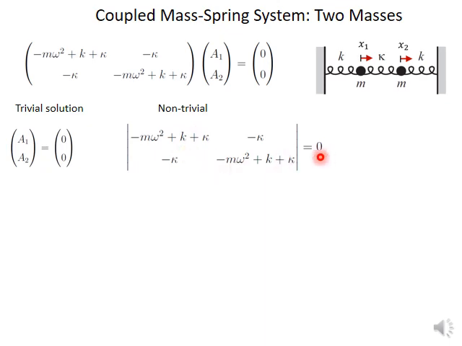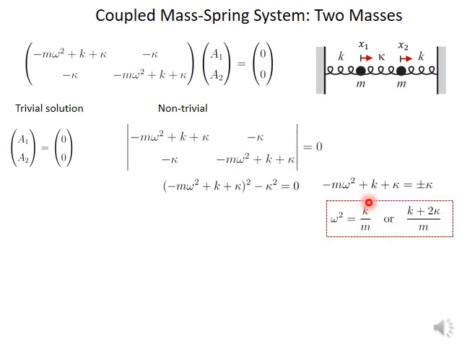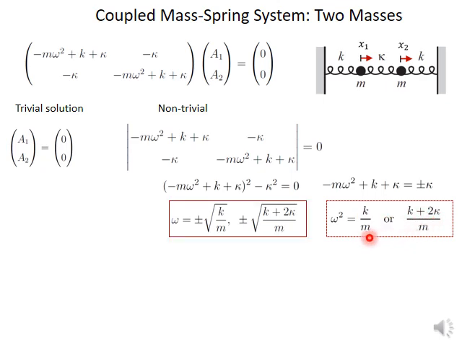So that's the modulus equals 0, and it gives me such an equation equals 0. I can rewrite it in quadratic form, and it gives me two solutions. Either omega squared equals k by m, or omega squared equals k plus 2 kappa by m. So these are the two values which omega squared can take just by taking this condition for non-trivial solution.